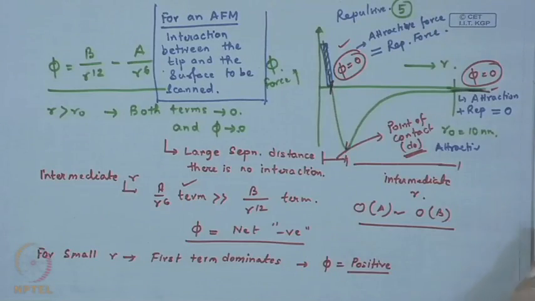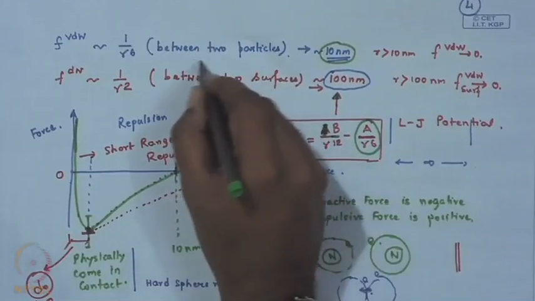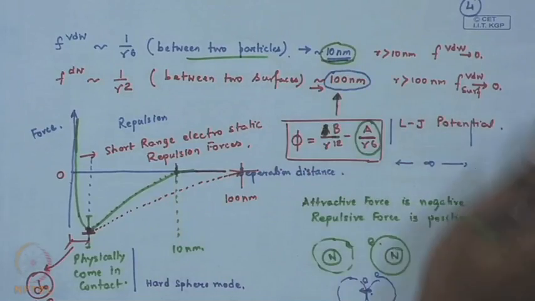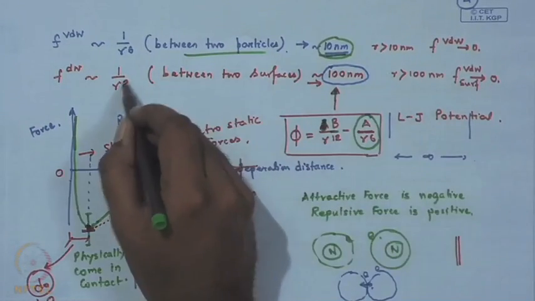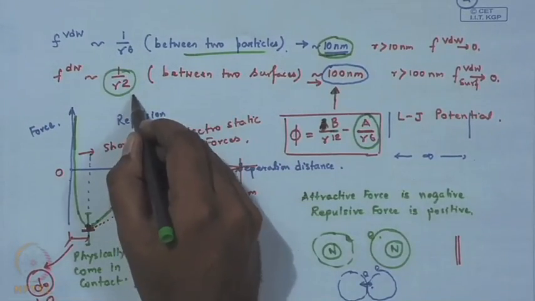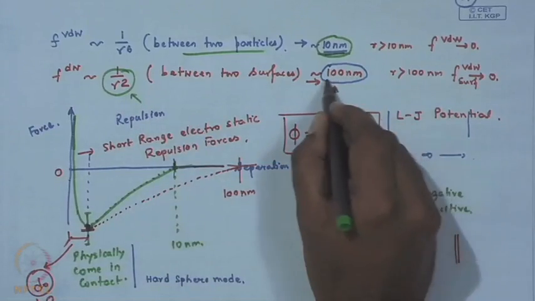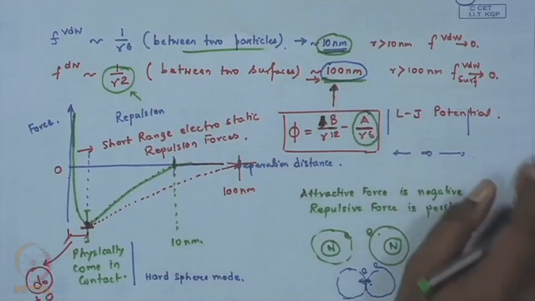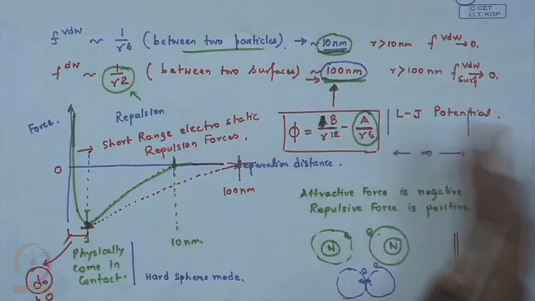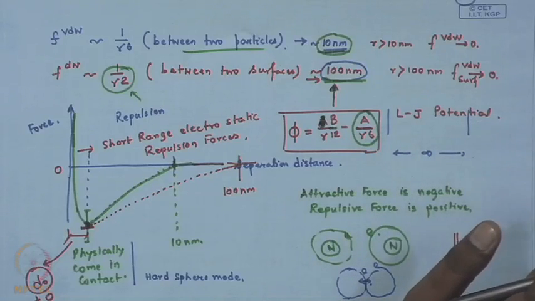It stretches up to roughly 10 nanometer. Between two surfaces, the scaling changes to 1 by r square, so the decay becomes a little sluggish and the interaction stretches up to roughly 100 nanometer.